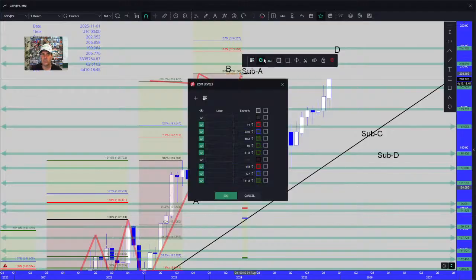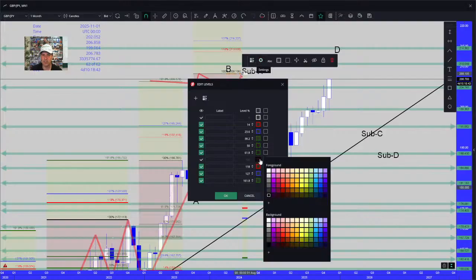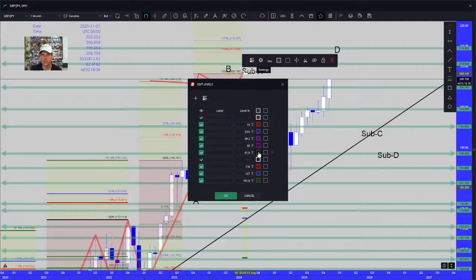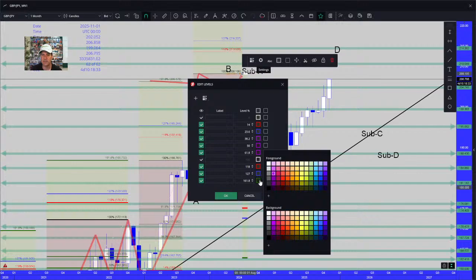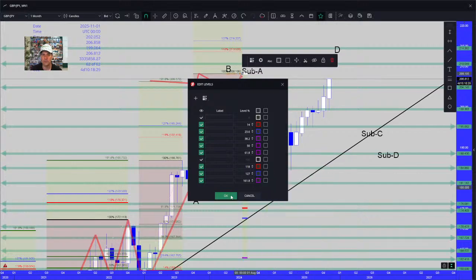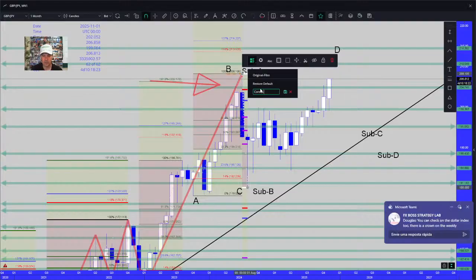It's going to be white, and we set violet, just as an example, and we're going to say okay, and save this as contrarian Fibo, everybody. There you go.